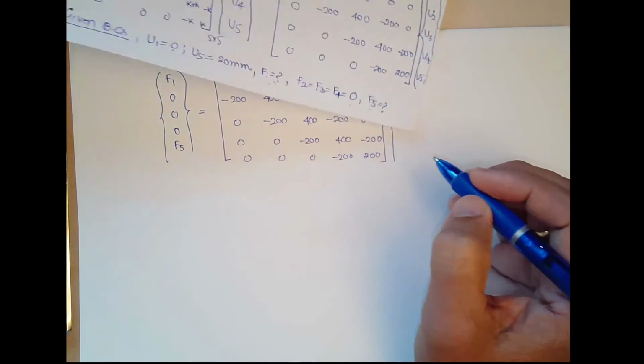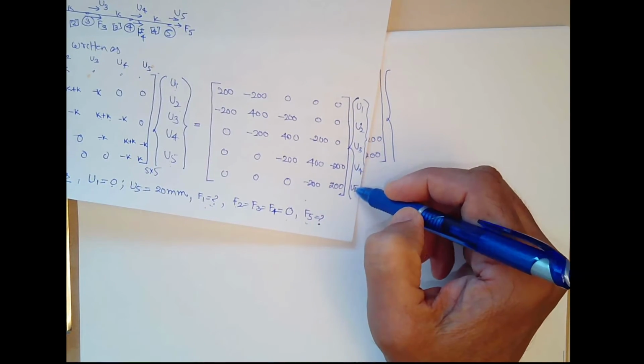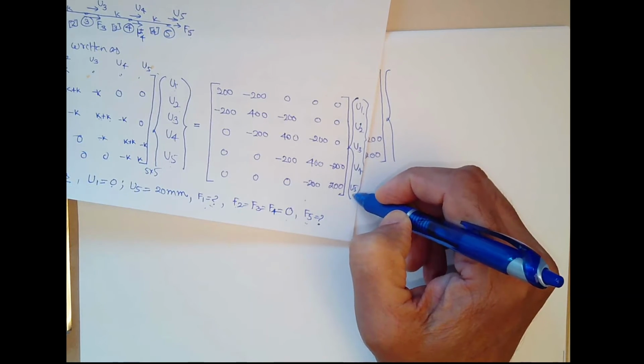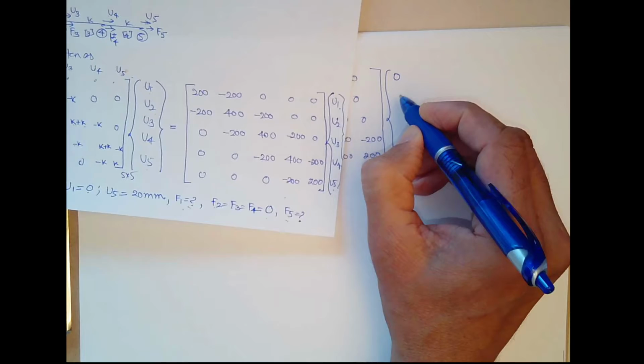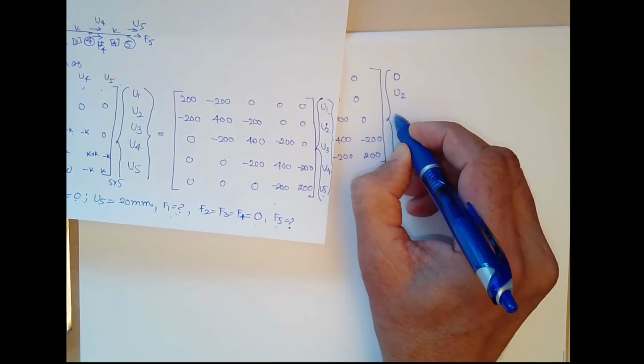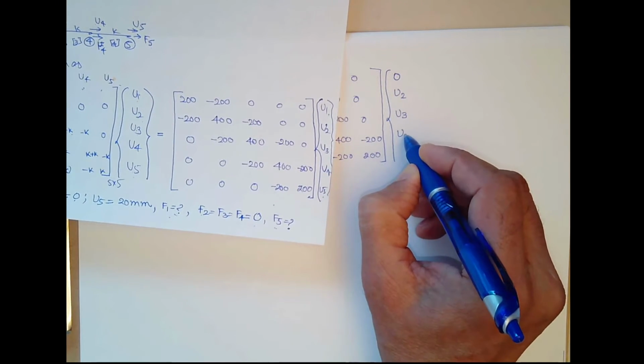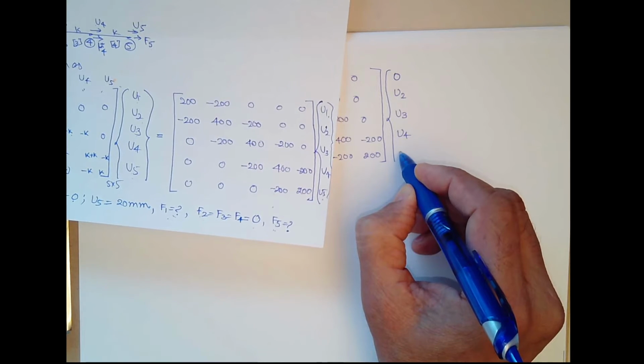And U1, U2, U3, U4, U5. U1 is 0, U5 is some value, and the rest we have to determine. U1 is 0, U2, U3, U4 are to be determined, U5 is 20 mm.